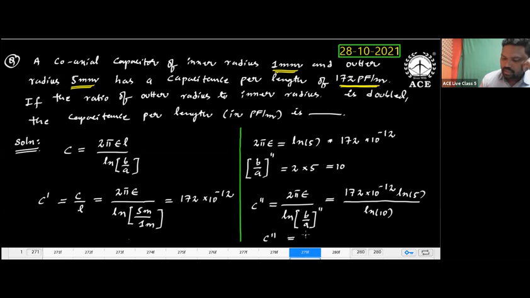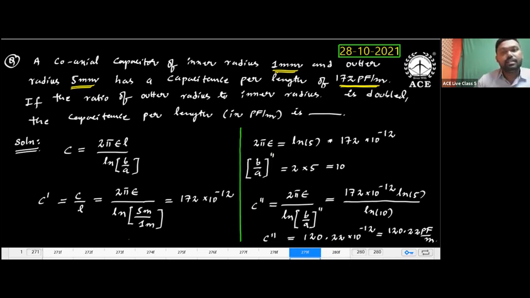So here, you can check out, 120.22 into 10 to the power of minus 12, or 120.22 picofarad per meter.